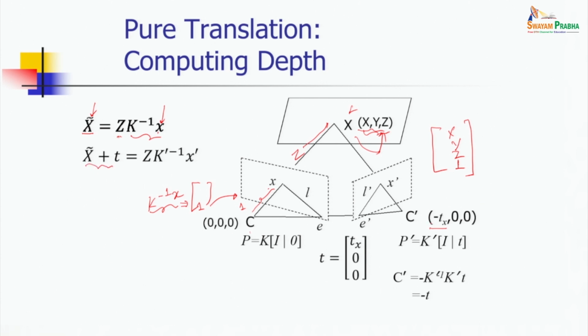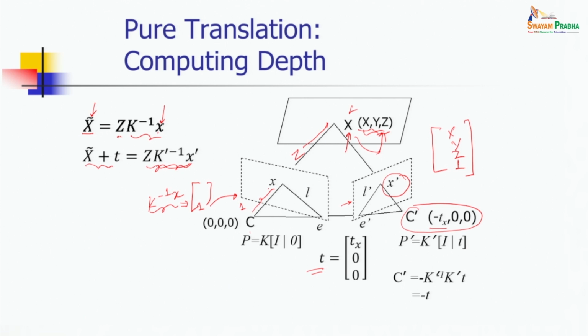That is the translation, and it should also be expressed in its own image coordinate, because this is the normalized or canonical coordinate.